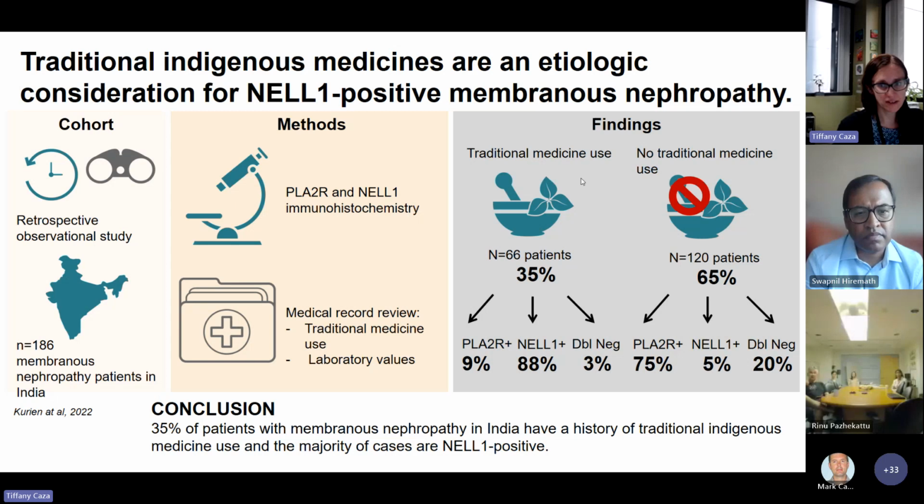So in patients that were on these indigenous medicines, 88% were NELL1 positive. When you look at patients without indigenous medicine use, you get the rate that we see here in the US. So I'm not sure if this is similarly occurring in China and Japan, or if there are other factors that are responsible. But this is a consideration, particularly in patients that might be receiving native therapies.